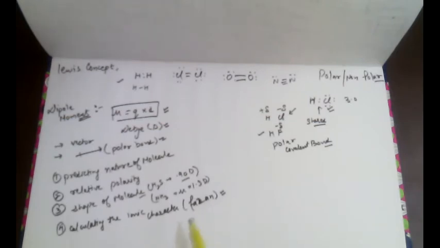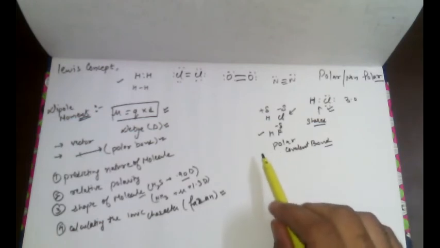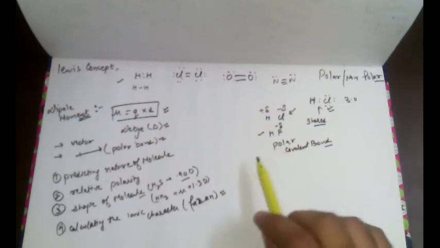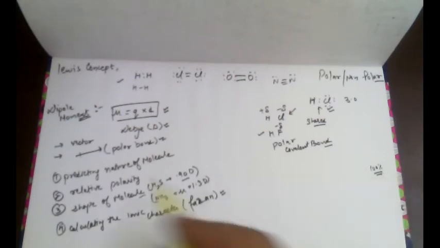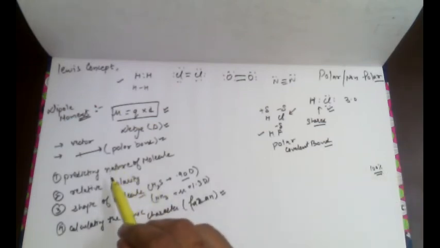Any molecule that shares its electrons does not have 100% covalent bond character. It must have ionic character. Why does a molecule have ionic character? Because of its dipole moment.